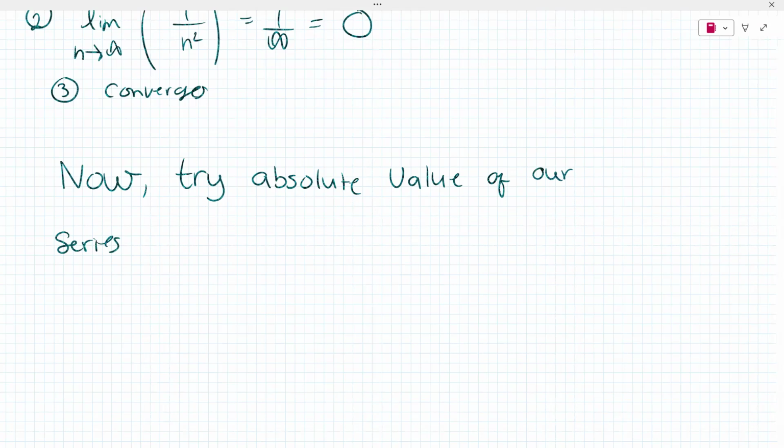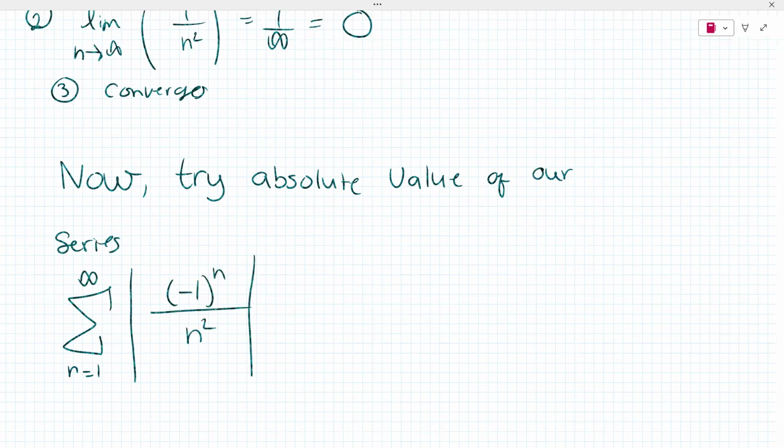We're going to rewrite this as the summation as n goes to infinity of the absolute value of negative 1 raised to the n over n squared. When we took out the alternating part, you're left with this.